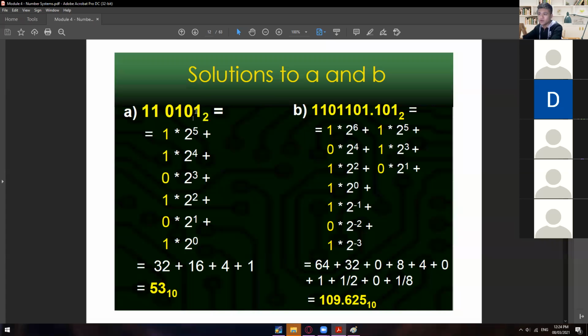So this is raised to 0, raised to 1, 2, 3, 4, and 5, starting from the lowest bit. And then just do the math. You can use your calculator or do it manually, and then add everything, and you will get 53 base 10.